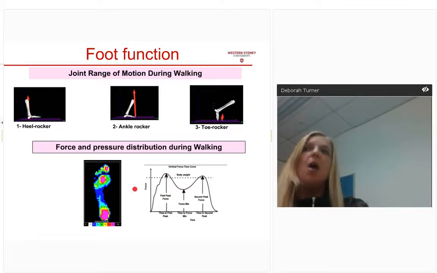But we will often see high pressures, often under the first metatarsal head or just lateral to that under the second. And this aligns to where we have our toe rocker and our second stage of increased loading within our force time curve. And all of this needs to happen in quite a coordinated manner to have effective pain-free movement.